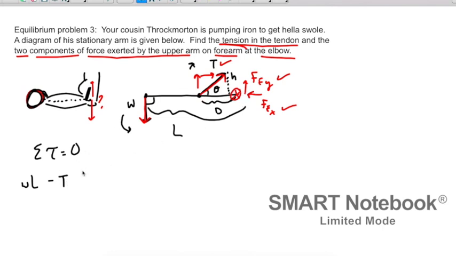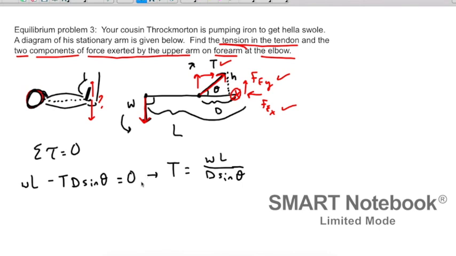It's a distance d away from the axis of rotation at the elbow, and it makes an angle theta, so the torque is T d sine theta, and the sum equals 0, just like that. All right, so it looks like now I could rearrange and solve this for T, which is one of my unknowns. And I could just say then that T equals WL over d sine theta, just like that.